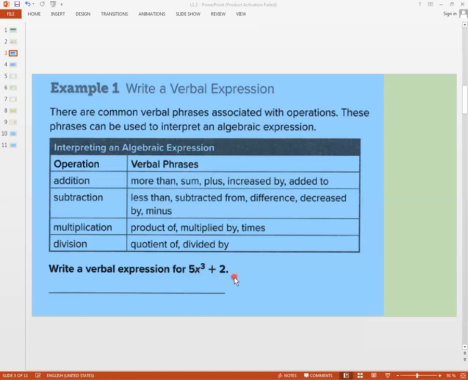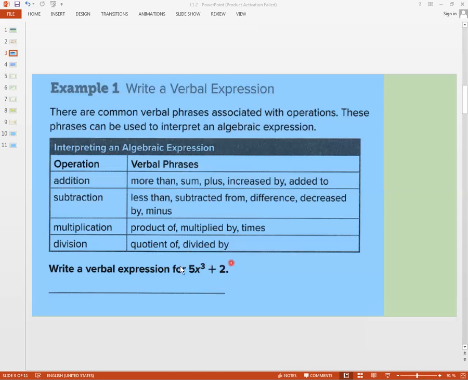Or in other words, it's 5 times x cubed more than 2. Or vice versa, you can say it's 2 more than 5x cubed. Here it is addition, more than.